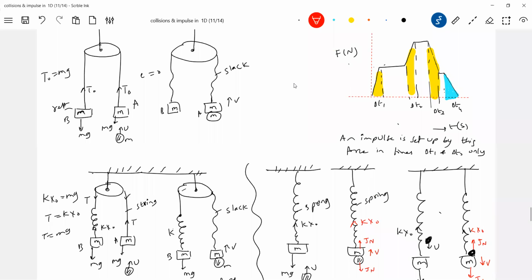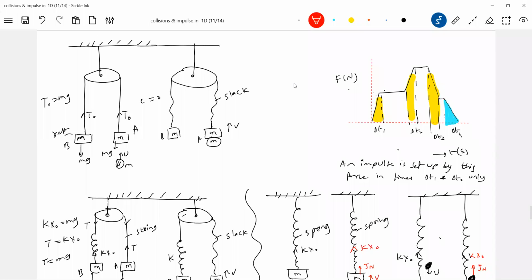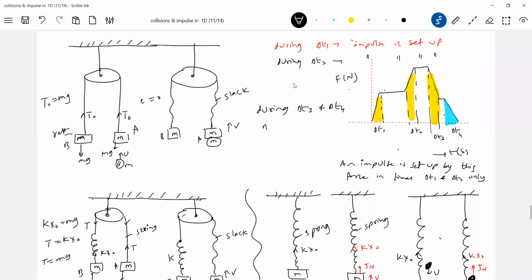So with this particular graph, now I can conclude: impulse is set up during delta t1, impulse is set up during delta t2, and during delta t3 and delta t4 no impulse is set up.